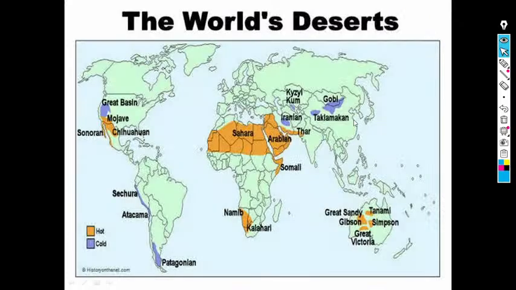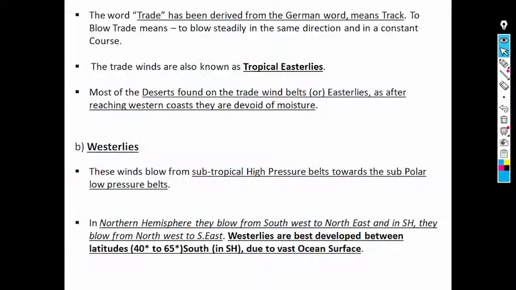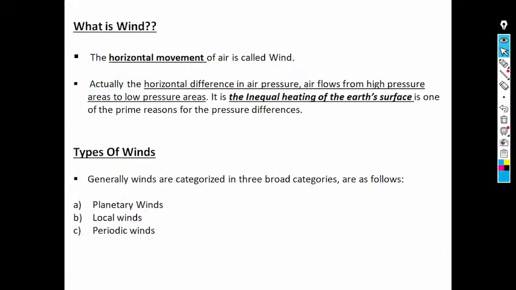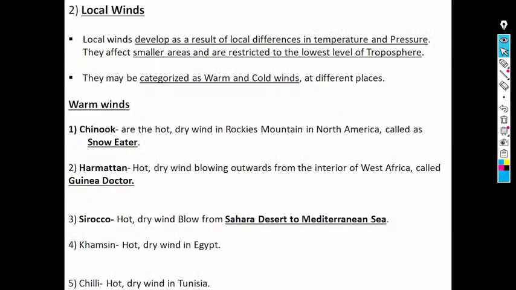Next we will see one interesting chapter, that is local wind. Very interesting to know what local wind is.